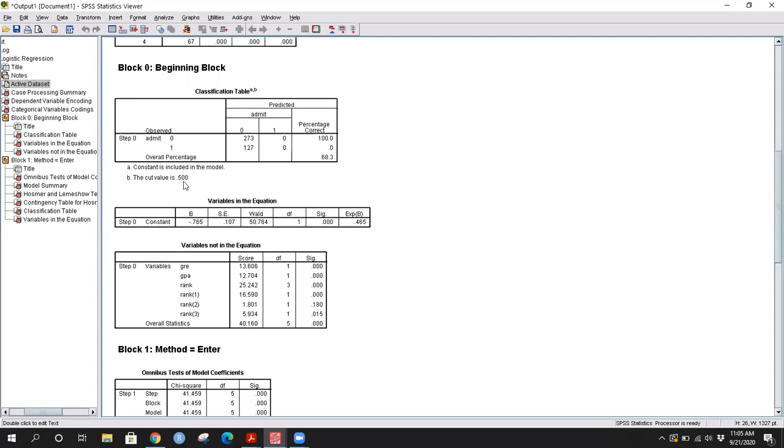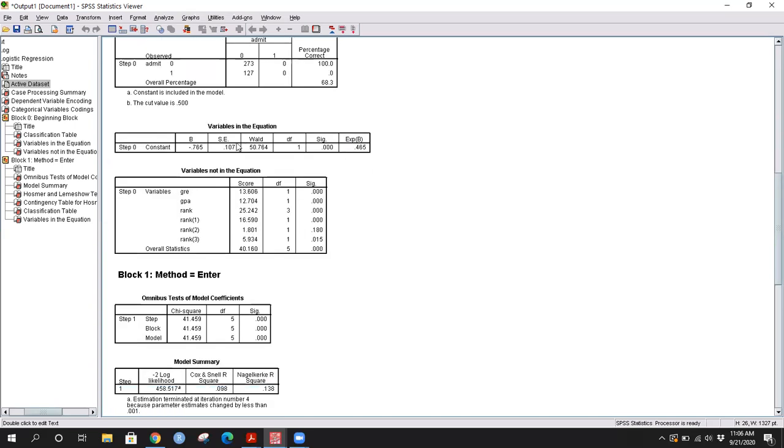That is, the person will get admitted to the college. And if it is less than 0.5, then the person will not be admitted to the college. That is, the event will not happen. Okay, so that's about the cutoff value. So the classification table in the empty model, block 0, is just giving you how your data looks initially.